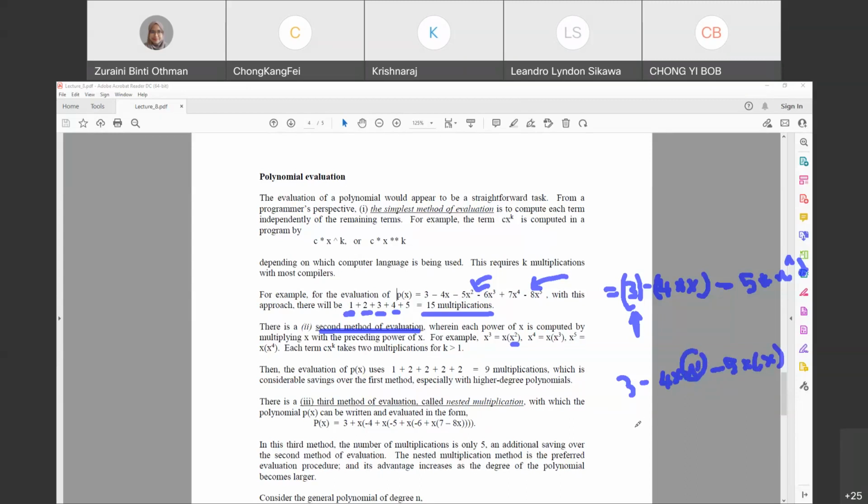Okey, macam seterusnya. Tolak 6X. Yang ni kita dah dapat X kuasa 2 kan? Yang ni X kuasa 2, which is 6X kali dengan X kuasa 2. Kita guna nilai yang sebelum tu, which is it involve only 2. Macam tu.